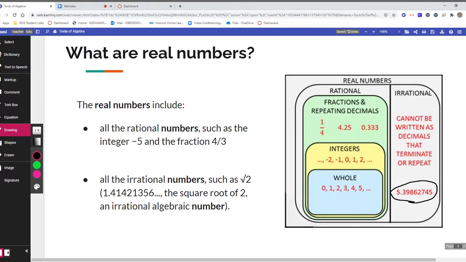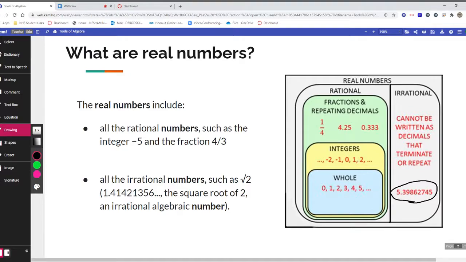repeat. And then we also have the rational numbers, and we start with just our whole numbers, our regular counting numbers: 0, 1, 2, 3, 4, 5. We move up to our integers. We have -2, -1, 0, 1, 2. Now, the difference between the integers and the whole numbers is that whole numbers are only positive numbers.